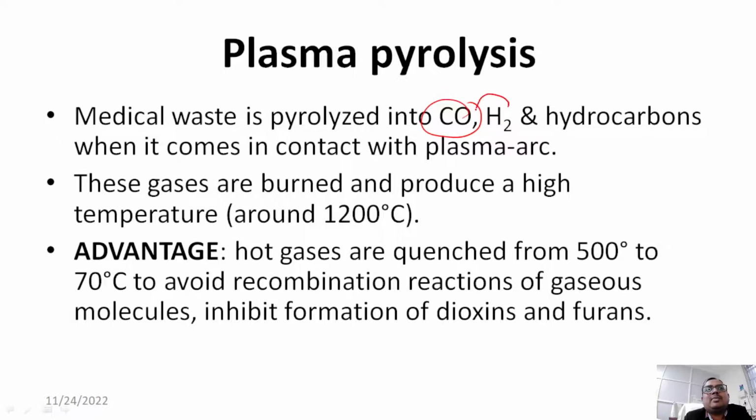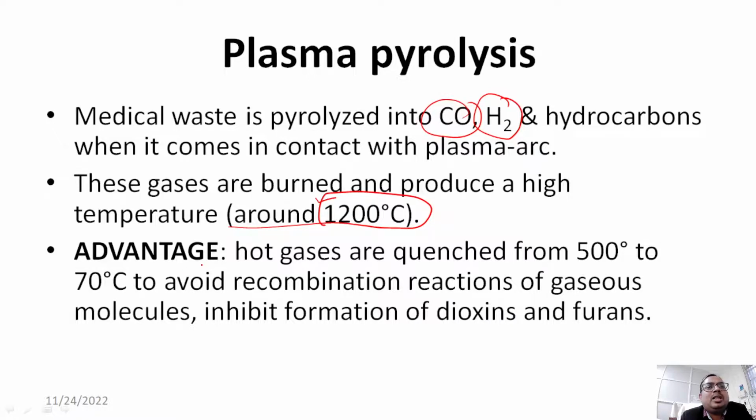CO, that is carbon monoxide, and hydrogen and hydrocarbons when it comes in contact with the plasma arc. These gases are produced at a high temperature of around 1200 degrees centigrade, just like incineration.